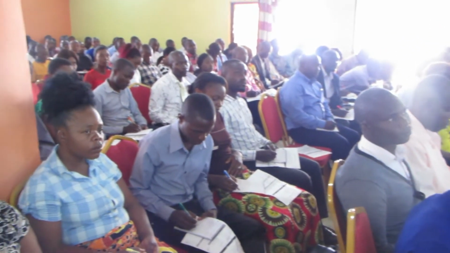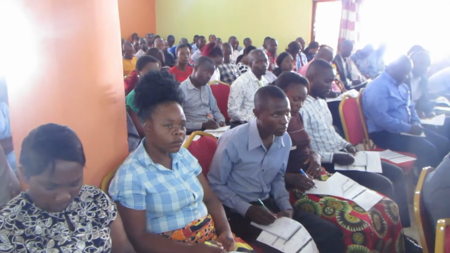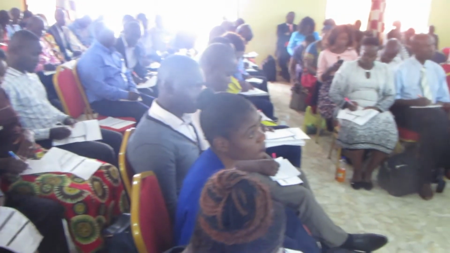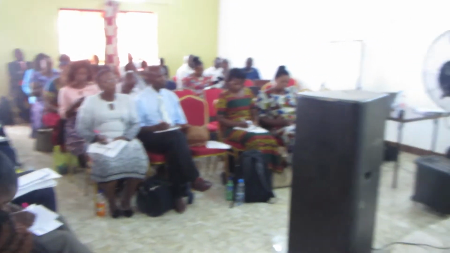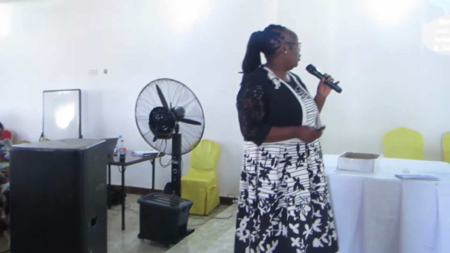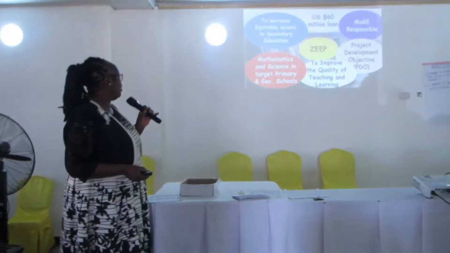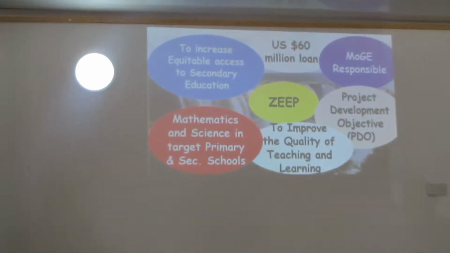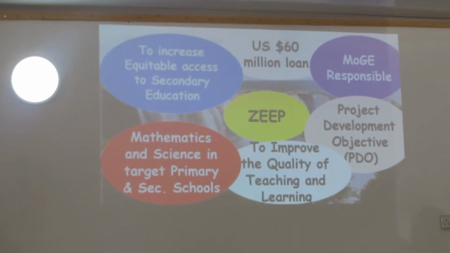The project development objective is to improve the quality of teaching and learning. And we are going to improve this quality of teaching and learning by focusing currently on two subject areas, that is maths and science.